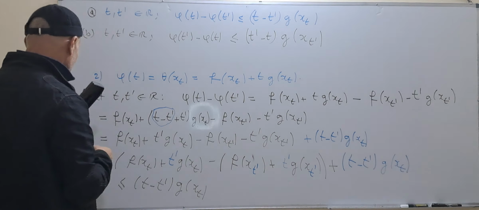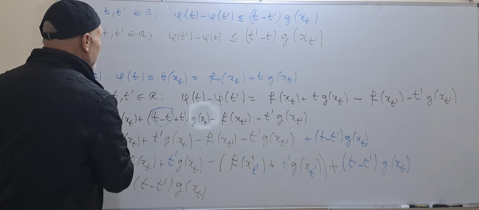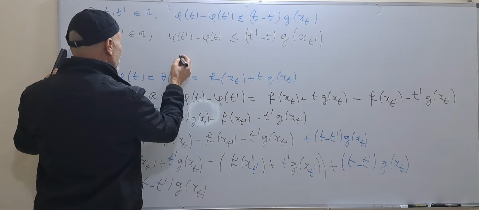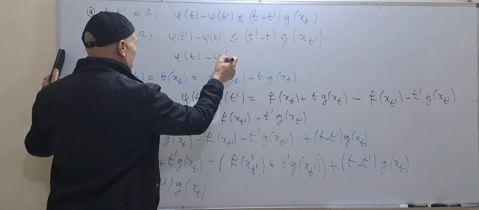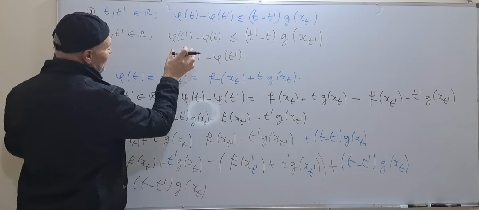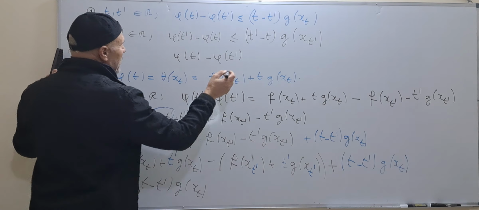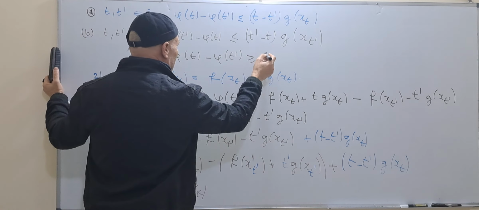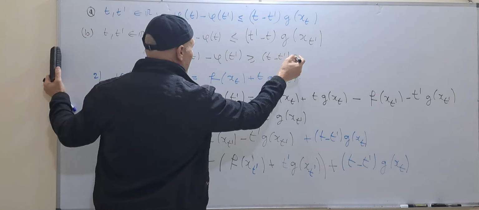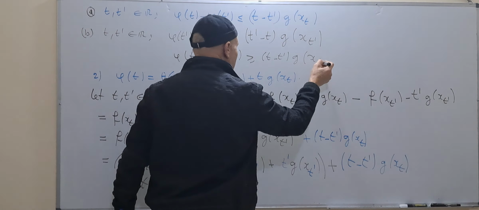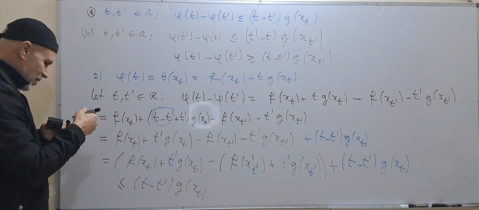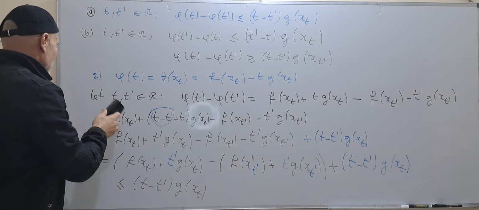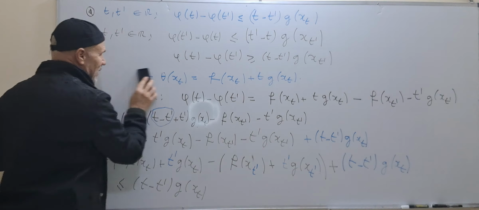In this case, what we can write, we can remark that from here, phi of t minus phi of t prime, this one, is greater than or equal to t minus t prime g of x t prime. We just times by minus 1, or we take them to the other side.